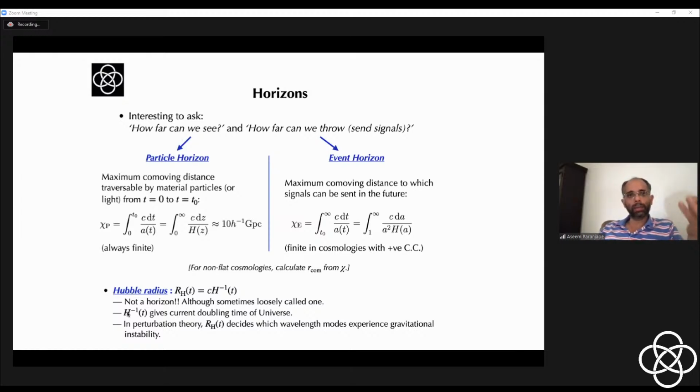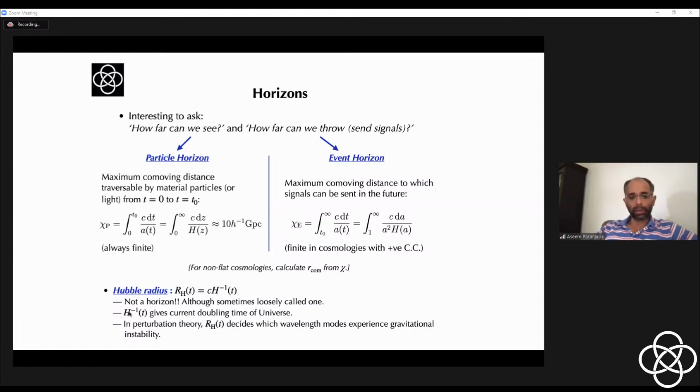Okay, so if you ask the question, if today I take 2 points which are separated by a cosmological distance, let's say 10 megaparsec, then how long will it take for these 2 points, which are supposed to be the standard co-moving observers, to be separated by 20 proper megaparsecs? And the answer to this question is given by H inverse of t. It's the best estimate you can come up with of the time that it will take for a typical cosmological length to double. Okay, so that is H inverse.